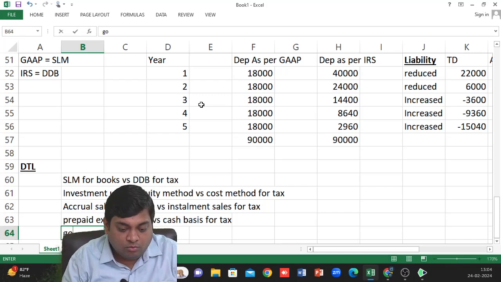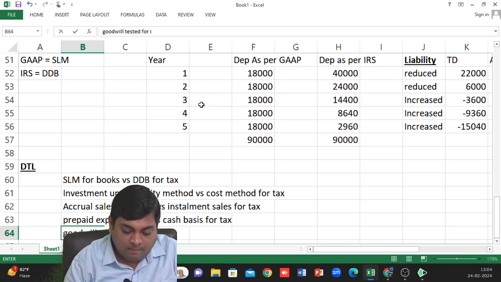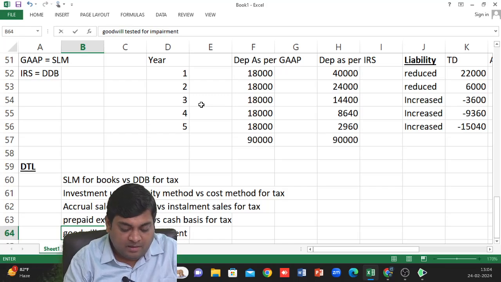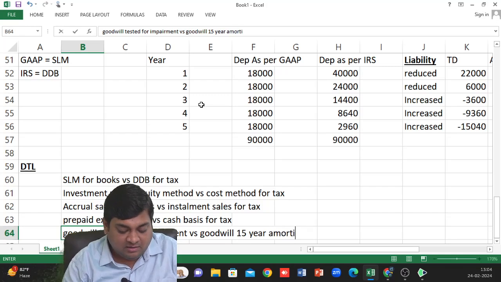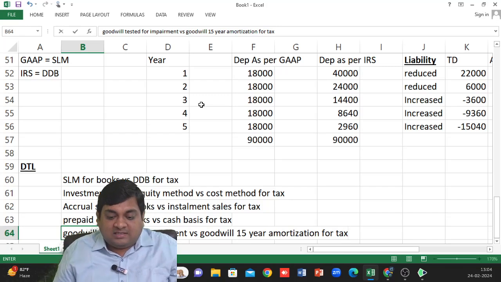Now, goodwill tested for impairment versus goodwill 15-year amortization for tax.